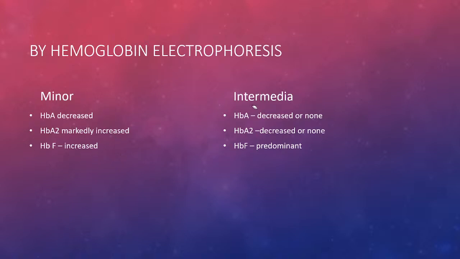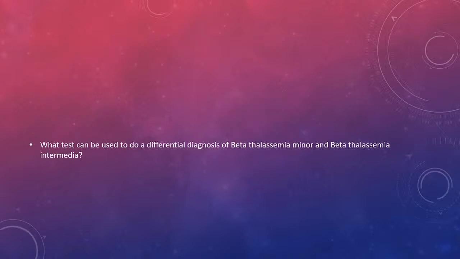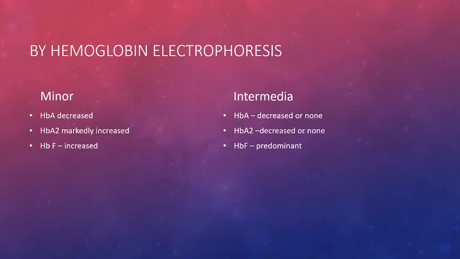But for intermediate, it's different. You're not producing any of the other ones, or you have a decreased production of HbA2 and HbA1, and the predominant hemoglobin in your blood cells is hemoglobin F. All right? So it's done by electrophoresis. The differential diagnosis is done by hemoglobin electrophoresis.